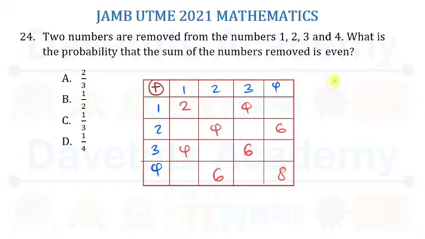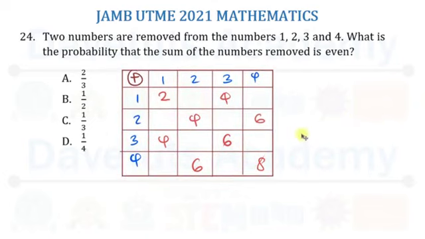So very good. We are having our desired outcome to be 1, 2, 3, 4, 5, 6, 7, 8. 8 is going to be our desired outcome.